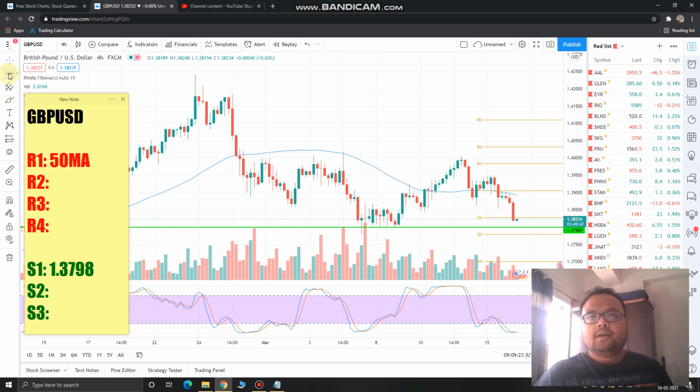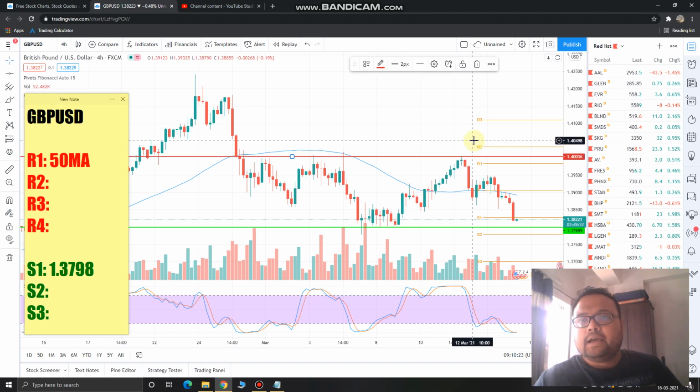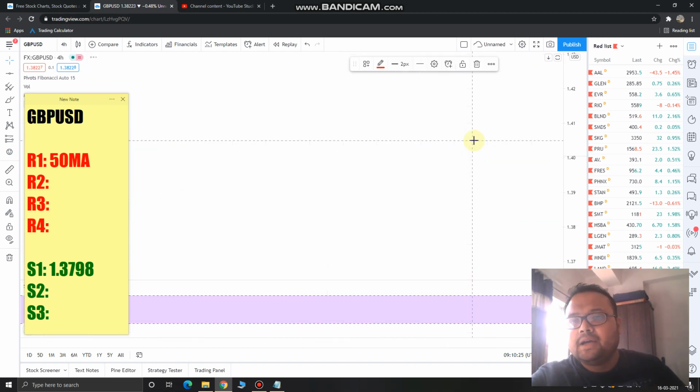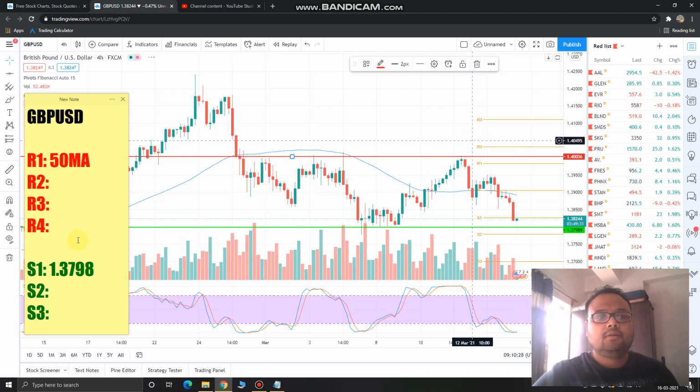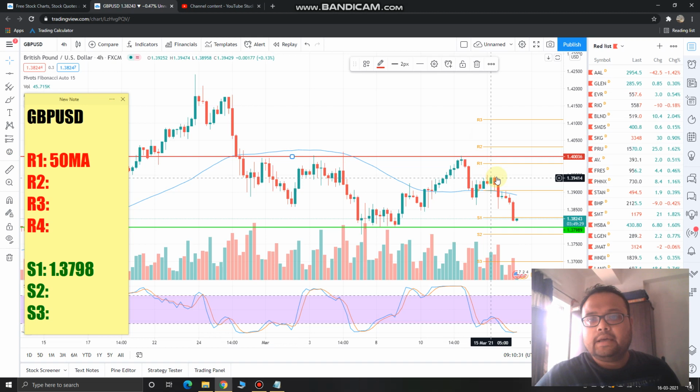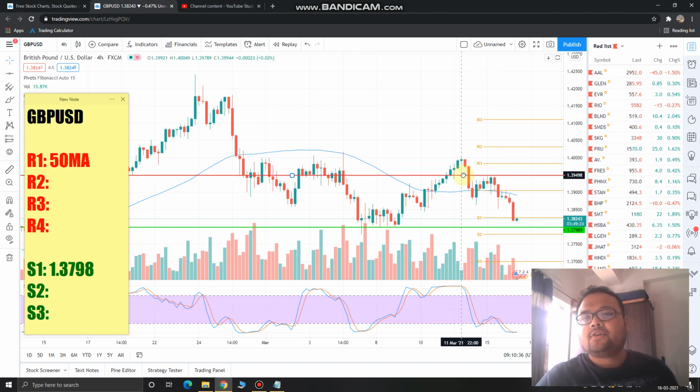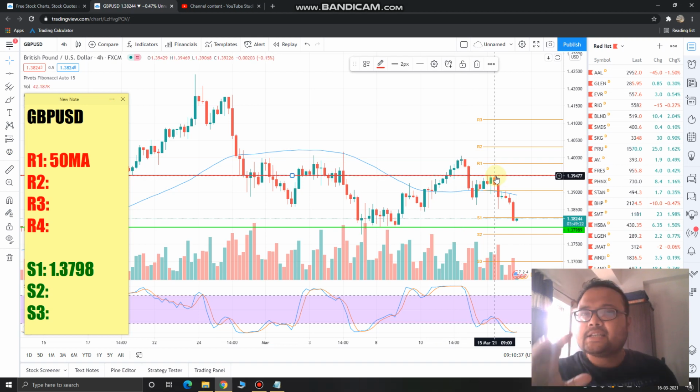And on the other hand, if surprisingly it goes up and hit this level, just observe how the price is doing. If you see that price is struggling at 1.4003 level, or at this level, these are also resistances for the market. This resistance is a small resistance.